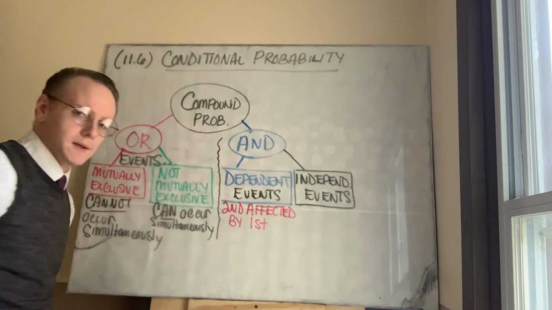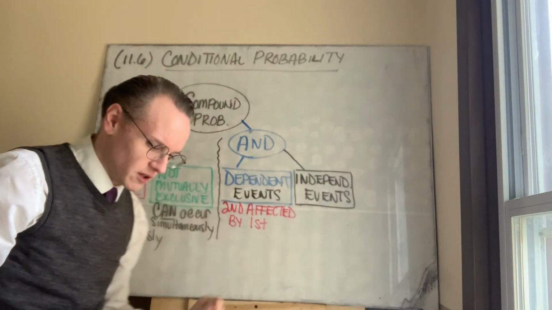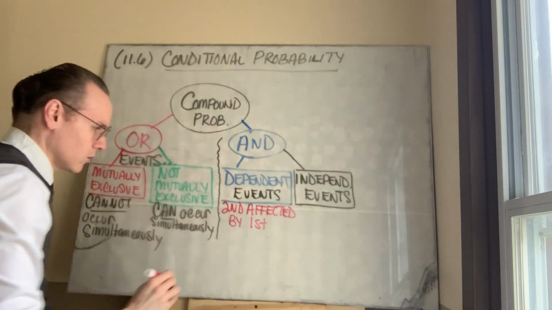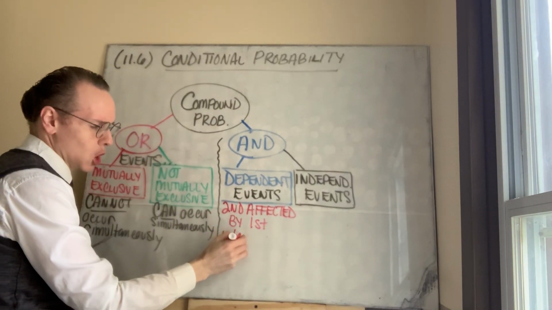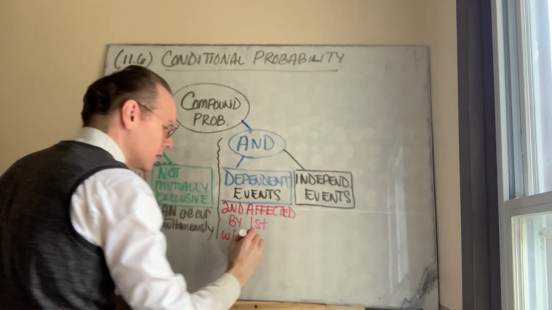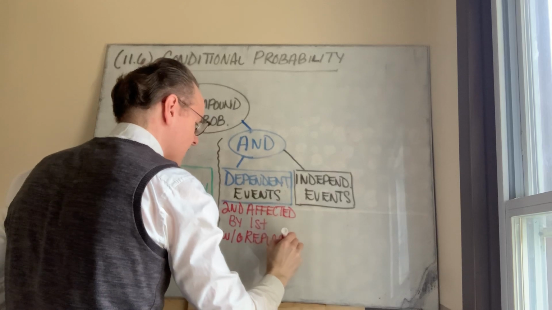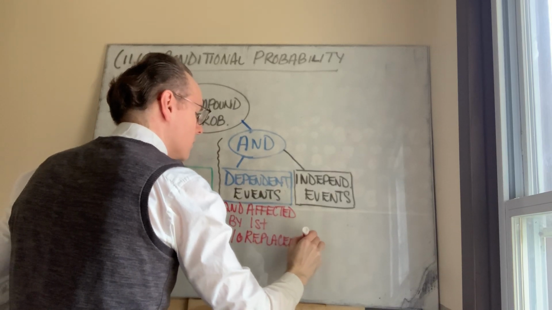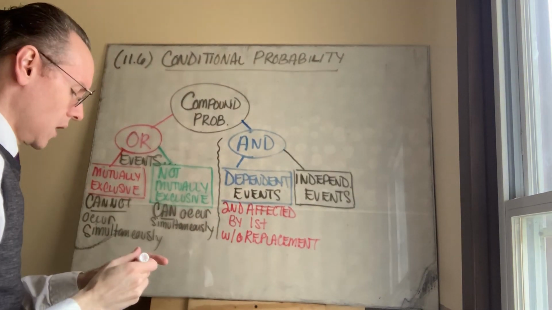And usually the subtle indication that you have this situation is the phrase without replacement, which I'm just going to abbreviate as W/O. You see that in a sentence, in context, gravitate towards this formula.